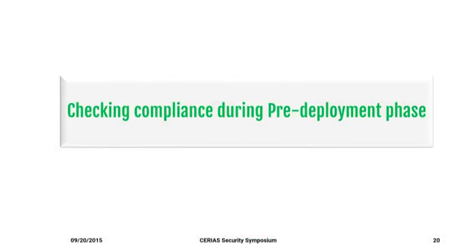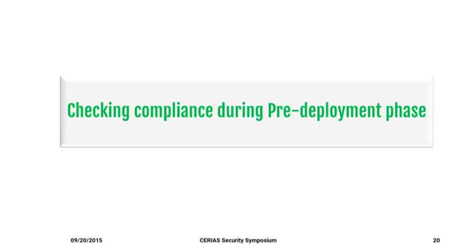Okay. So in this talk, I'll give you three pieces of work that I've done with my colleagues here at Purdue and at Carnegie Mellon, where I show examples of compliance checking using formal verification techniques in each phase of the system life cycle. Okay? The first is the pre-deployment phase.